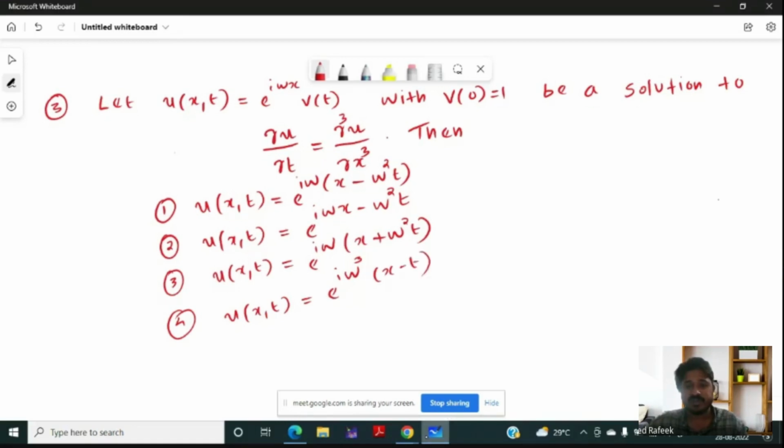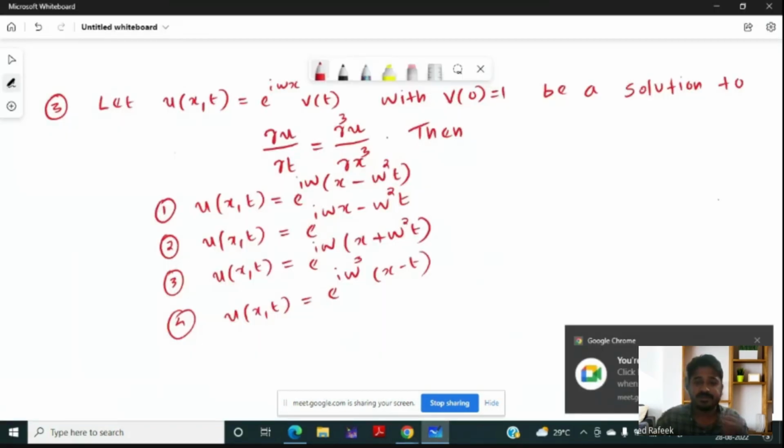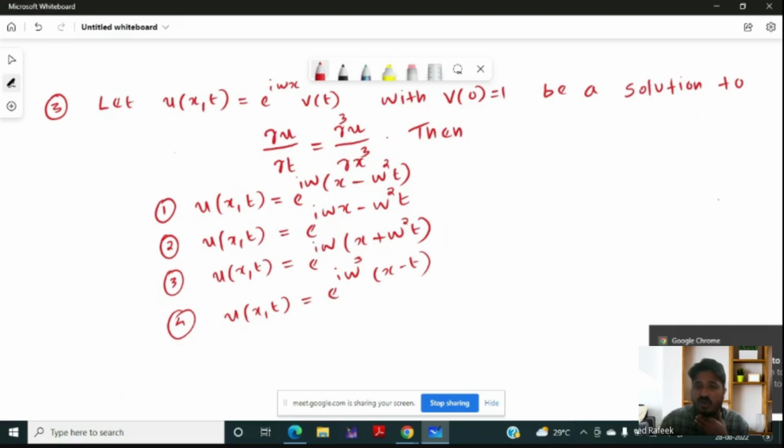This is not the questions. Done. Let u of x comma t is equal to e raised to I omega x v of t with v of 0 is equal to 1 be a solution to dou u by dou t is equal to dou cube u by dou x cube.